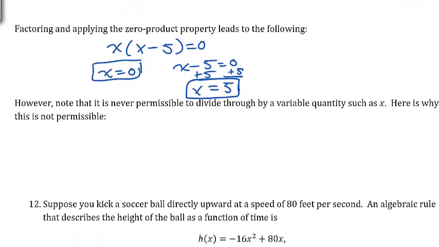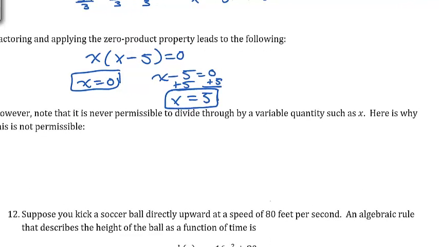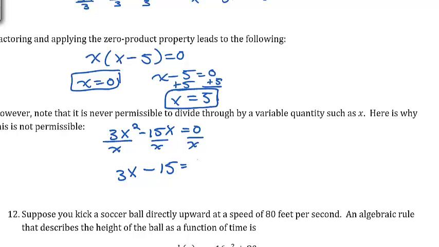However, it's never permissible to divide through by a variable such as x everywhere. So what happens if we do that? Then we had 3x squared minus 15x equals 0. And so if I divide each term in this by x, then I would get 3x minus 15 equals 0. And I could factor a 3 out of there.